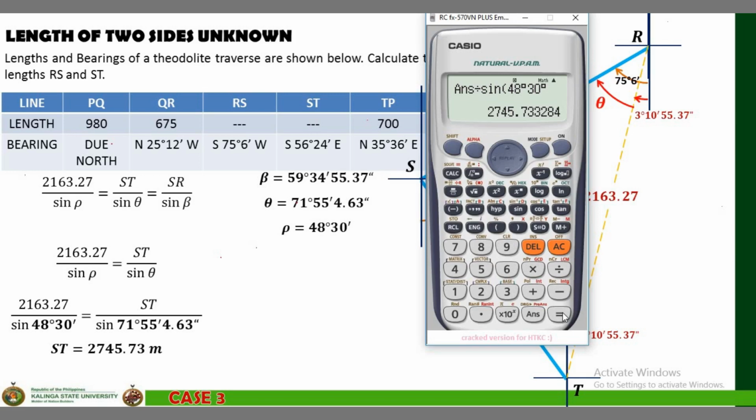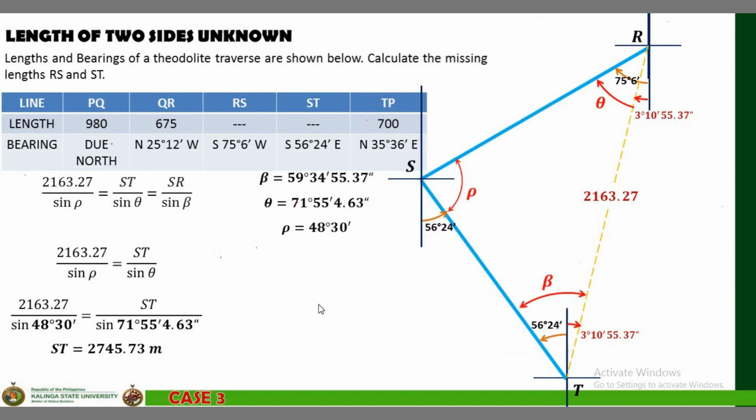Check that you get 2745.73 meters. So, that is the length of side ST. I have solved ST, but I still need RS.